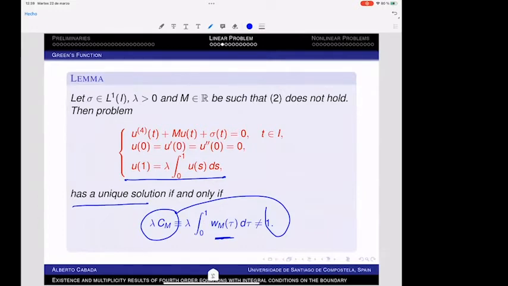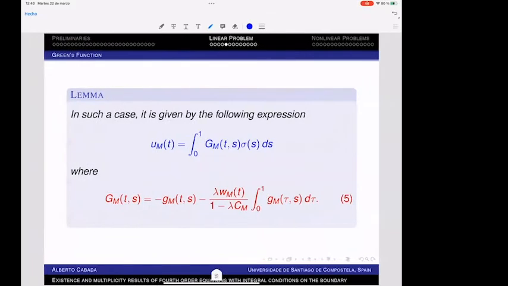Okay, so we obtain the spectrum of the integral problem as a function of the spectrum of the homogeneous problem of lambda equals 0. This is the problem, right? And we can prove the expression of capital G as a function of the homogeneous problem.